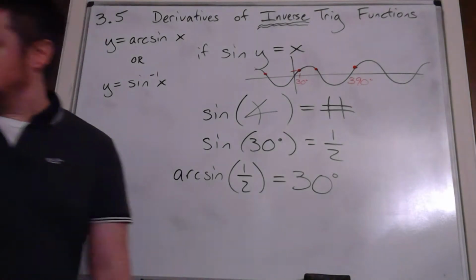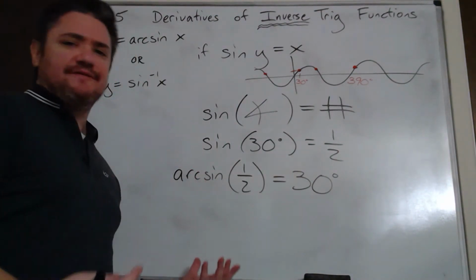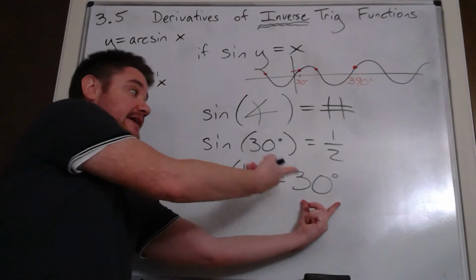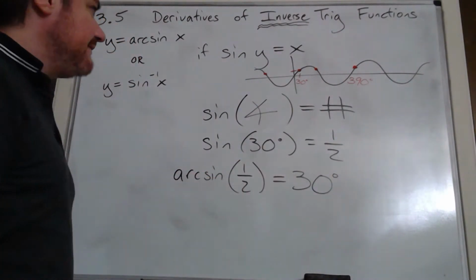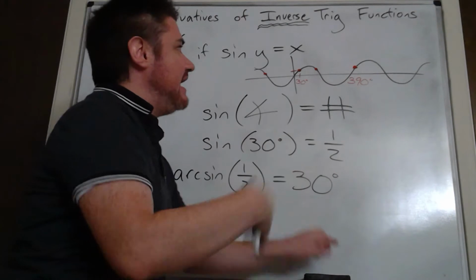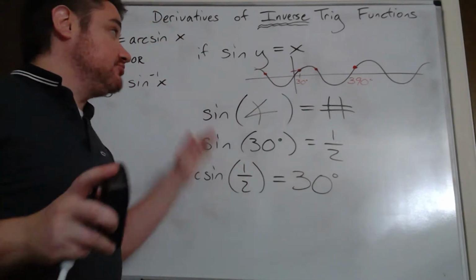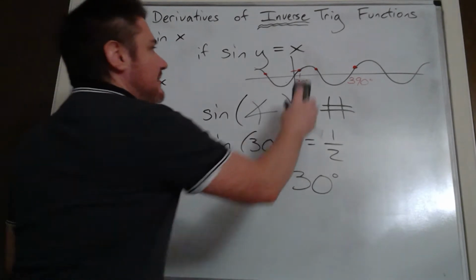If we want a well-defined inverse function, a function can only spit out one answer. There can only be one angle to answer this function. So back in pre-calc, we said we've got this sine function that's not one-to-one; it's repeating itself over and over again. But let's truncate it.